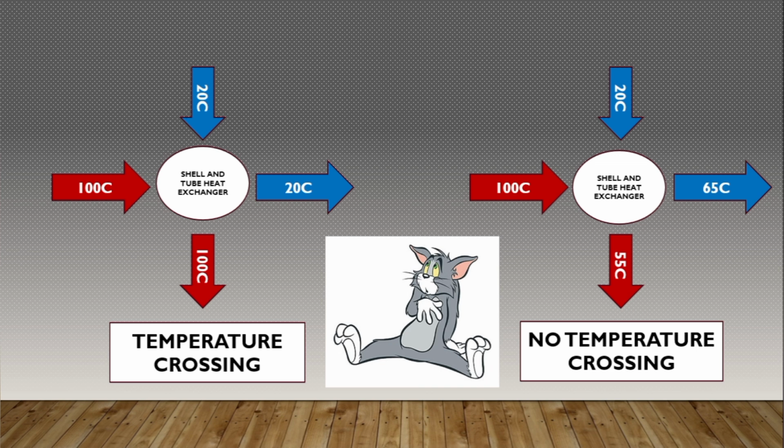If you compare the streams, the hot stream comes out at 65, still greater, hotter than the cold stream coming out at 55 Celsius. 65 is still greater than 55. With that, we do not have a temperature crossing, and we have successfully operated our shell and tube heat exchanger.